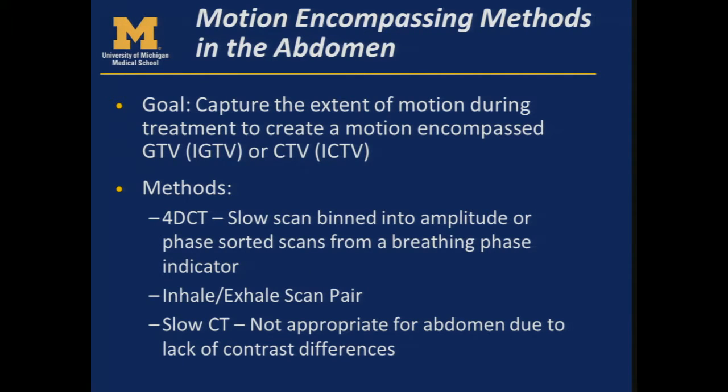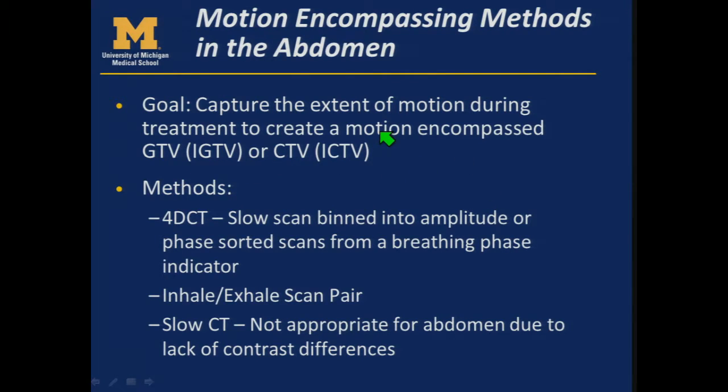And so if we look at the ITV approach, this I think is by far one of the most common methods used to manage motion, where we want to capture the extent of the motion during treatment so that we can capture that for treatment planning. And one of the things that I've liked to do more recently is instead of calling this an ITV, use IGTV or ICTV.